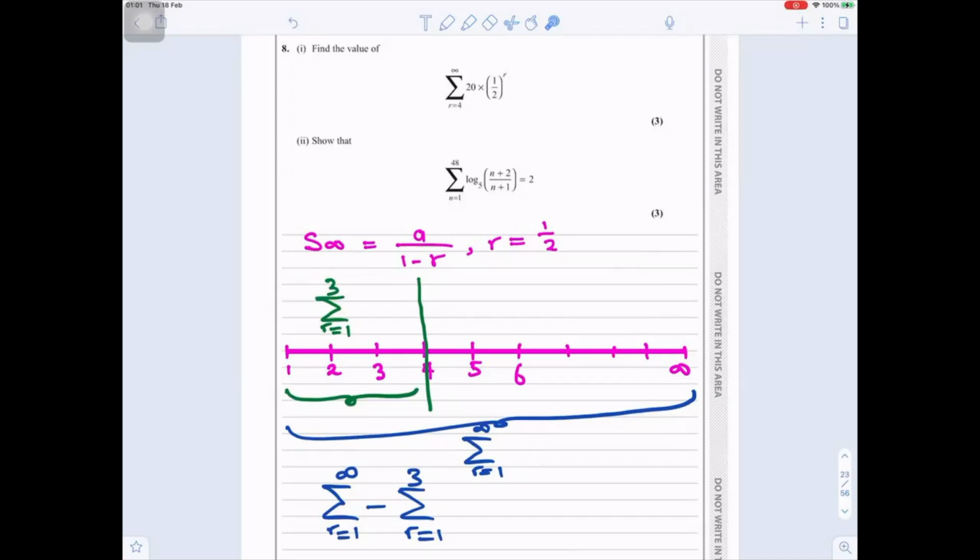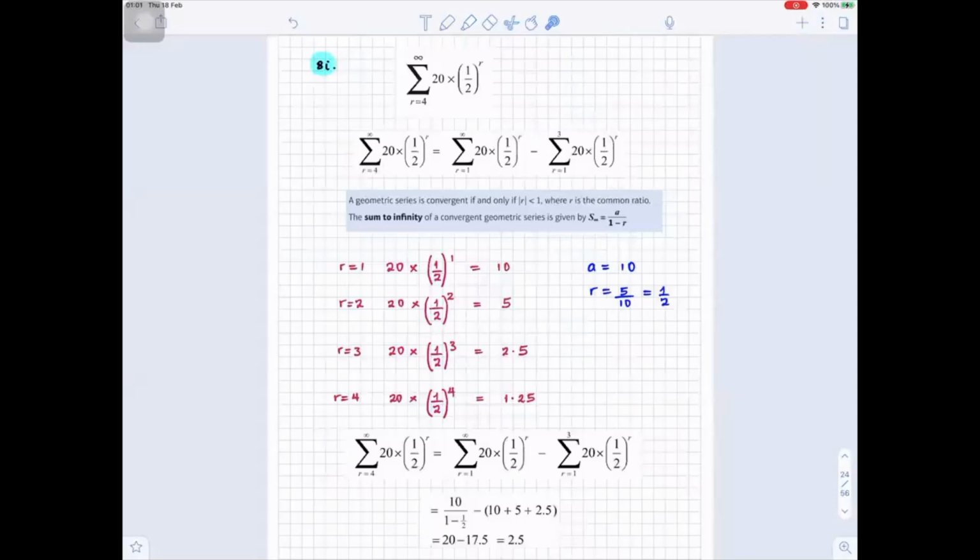That will give us from 4 to infinity. That's the idea. So we want to get from r equals 1 to infinity minus from 1 to 3. And that will give you from 4 to infinity. And this is the formula for sum to infinity. So when r is 1, we put 1 in there.